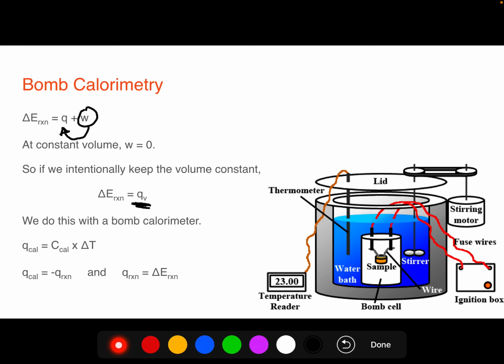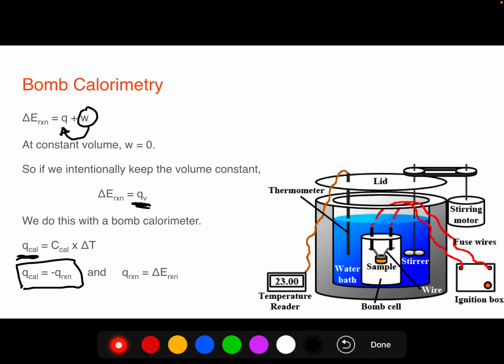And so if all of the energy comes out as heat, and we keep track of it in a bomb calorimeter, we can then say, okay, well, whatever heat was absorbed by that calorimeter system, it's the surroundings in this case, the opposite was given off by the reaction.